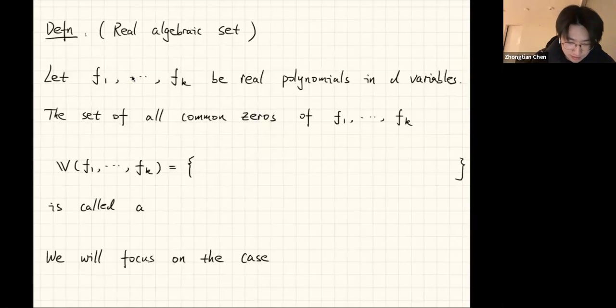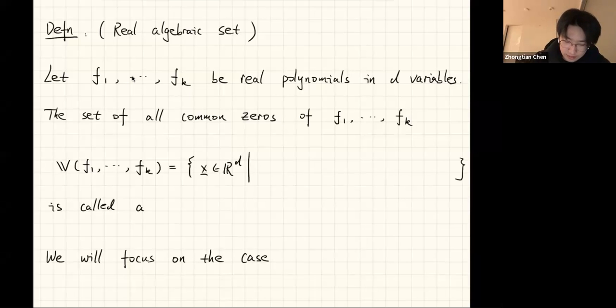All right, let's start. So first, this is a definition of algebraic sets or varieties. We start with k polynomials in real numbers in d variables. Then the set of common zeros of these polynomials is defined as the set of points in R^d, because we can think of polynomials as functions, right? We input points in R^d and output a number.